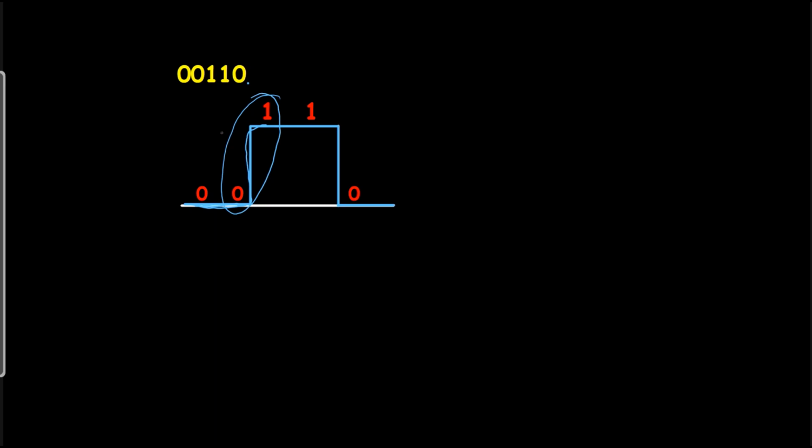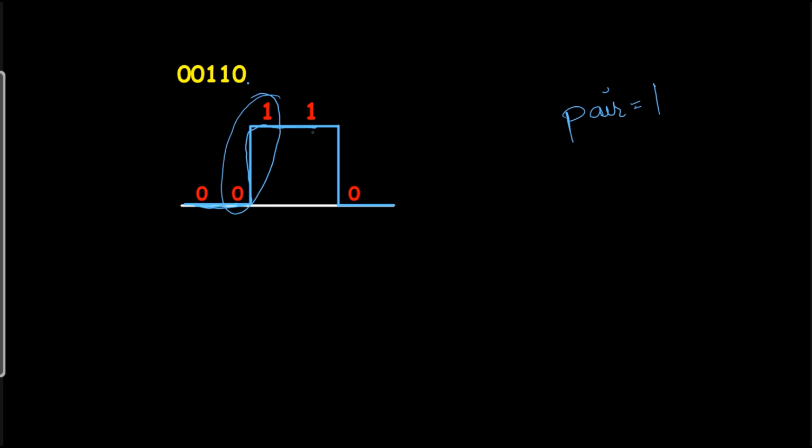Let's take one more example. Here I have 0, 0, 1, 1, 0. If I draw it, I can understand this clearly: there was no transition over here, but as soon as it goes from 0 to 1, I got my first pair. So I can say pair is equal to 1.